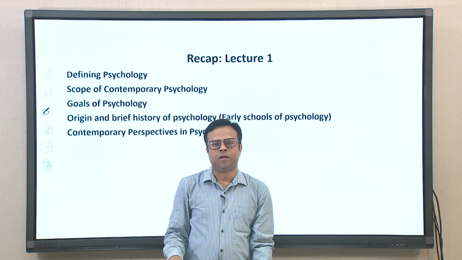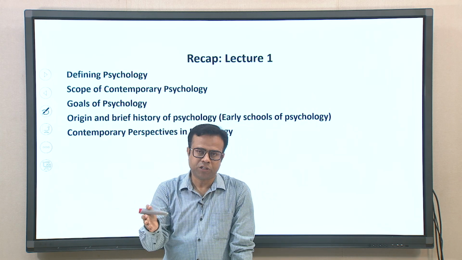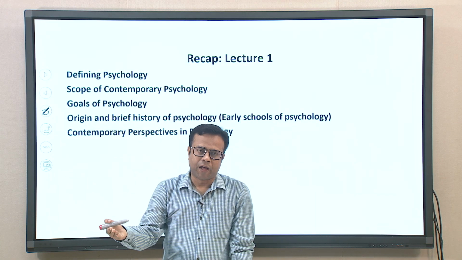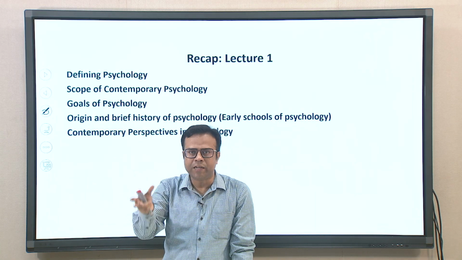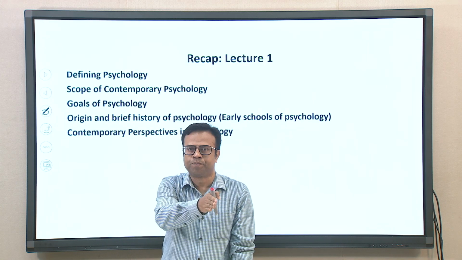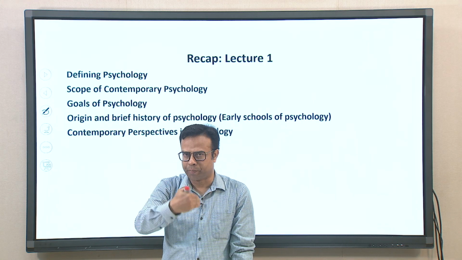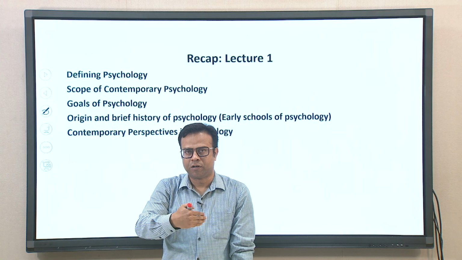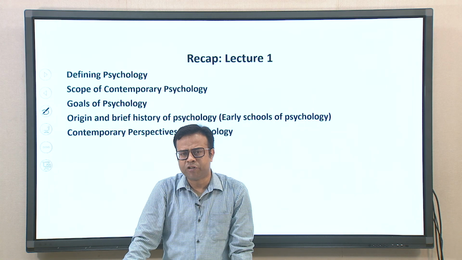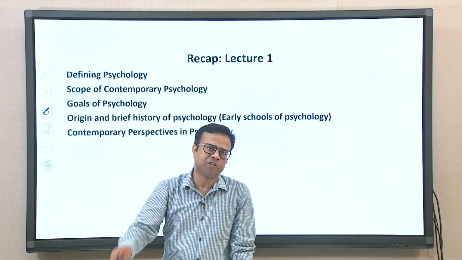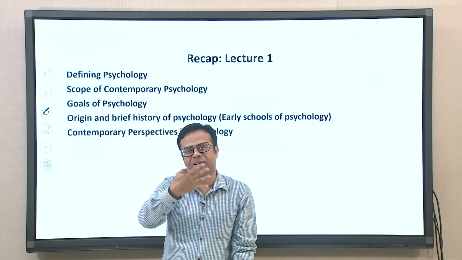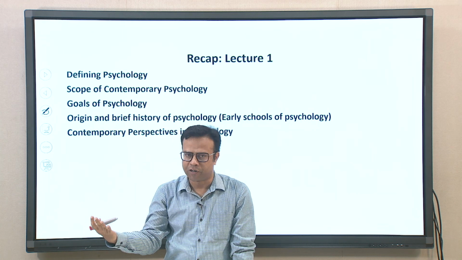We also discussed the origin and brief history of psychology through the lens of various schools of thought that evolved over time, and how the subject matter of psychology changed from time to time, and how it relates to the present state of research in the discipline. And at the end, we discussed the contemporary perspectives: how these different schools of thought contributed to psychology, what the present status is, and what new things have emerged.